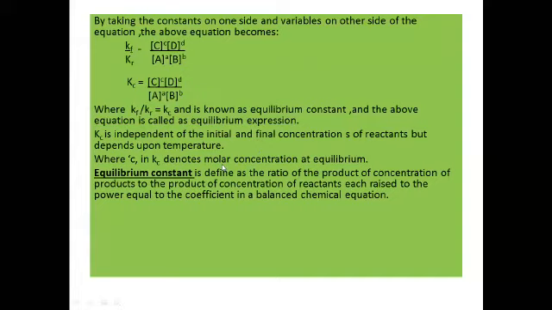Now, how can we define this equilibrium constant expression in words? The equilibrium constant is defined as the ratio of the product of concentrations of products. C and D are products, and their product means when we multiply these two.